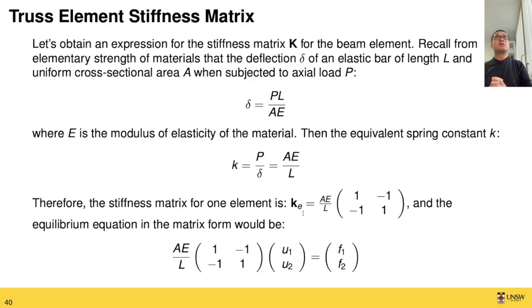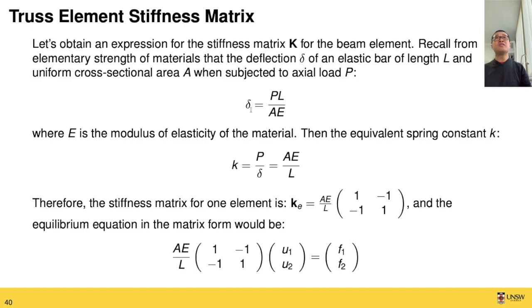And so the only thing we need to modify from a spring model to a truss element model is how we define the stiffness matrix K. In the truss element, we can work out the deformation under external loading.